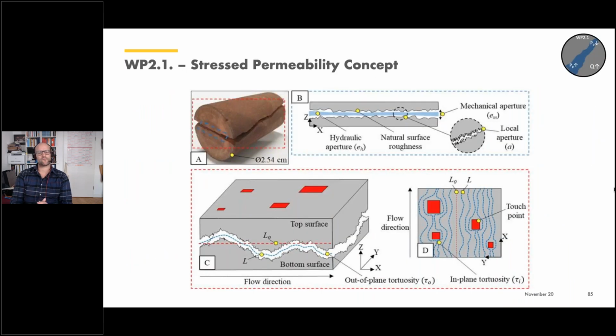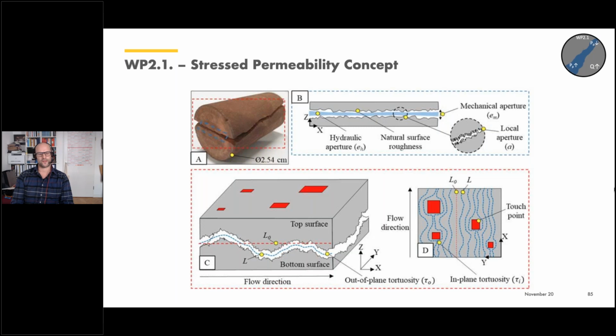So let's get started with stress permeability. On the upper left, you see a plug sample that we use in laboratory testing that contains a natural fracture. And you see the roughness, you see the tortuosity. In section B, you see how that schematically would look like with the roughness. Very irregular, very difficult to characterize, while for modeling, these sort of things are usually very much idealized.